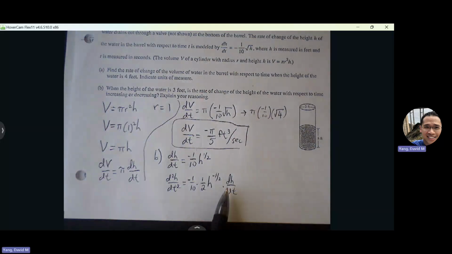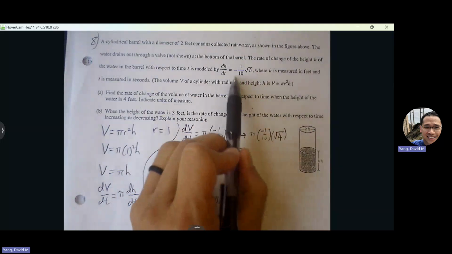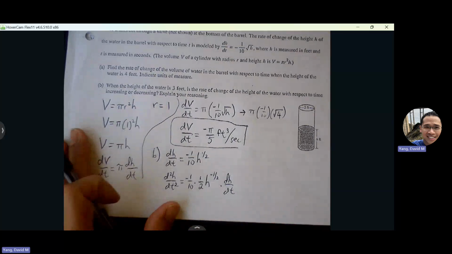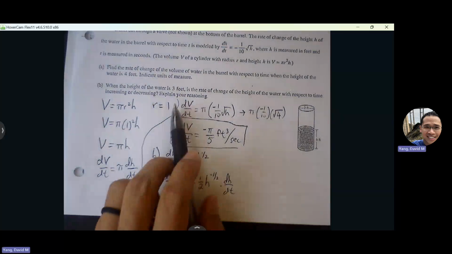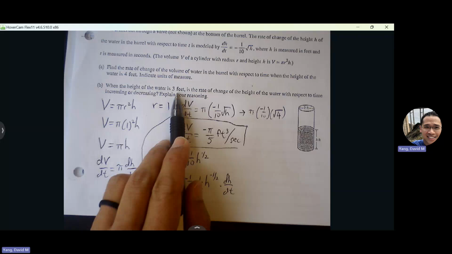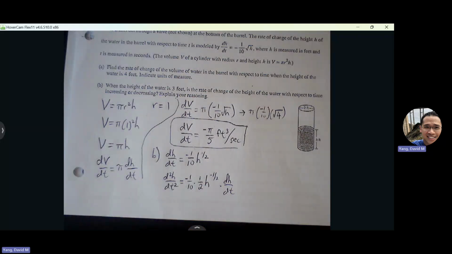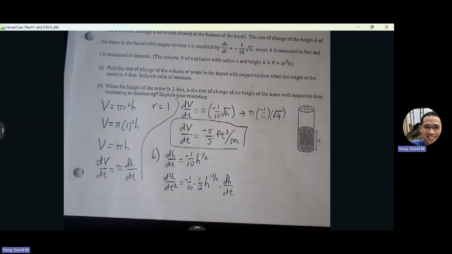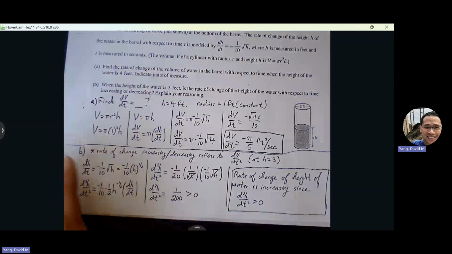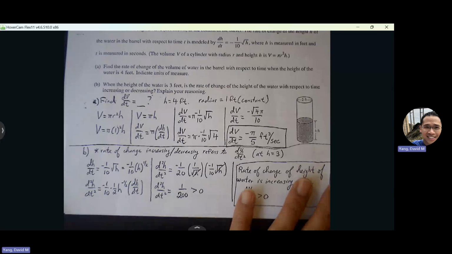Now, we know what dH/dt is, right? dH/dt is negative 1/10 root h, so I can get everything in terms of h, and then I can plug 3 in, and I can see if my second derivative is positive or negative. If I get a positive second derivative, I know that my rate is increasing. If I get a negative second derivative, I know that my rate is decreasing. So I'm going to replace dH/dt with negative 1/10 root h and just see what I get for my result.